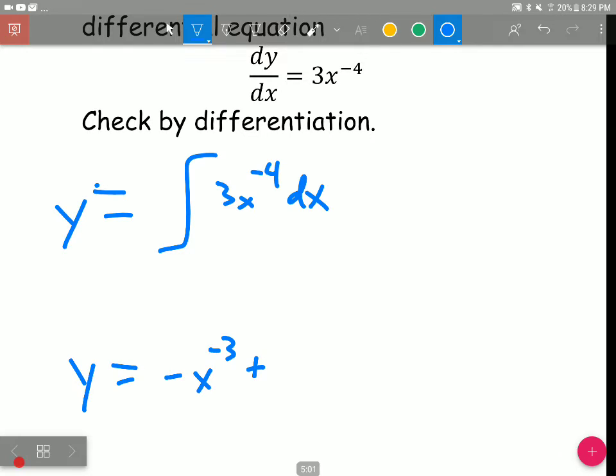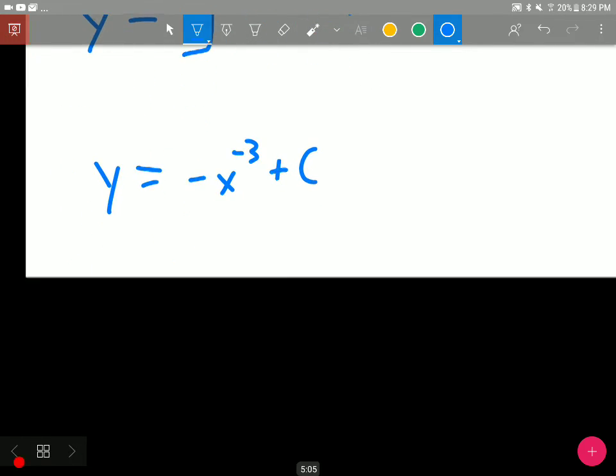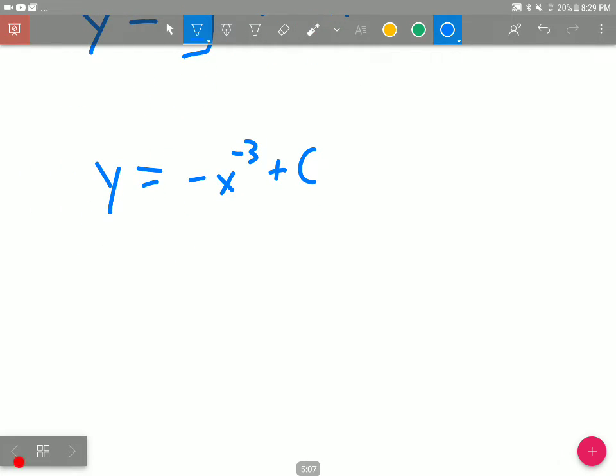plus C. Okay, and then just to check, let's take the derivative of that. So if y equals that, remember, you multiply the exponent by the coefficient. So negative 3 times negative x is 3x. And if I subtract 1 from my exponent, that becomes negative 4. And if you've got a constant out here, it just disappears.